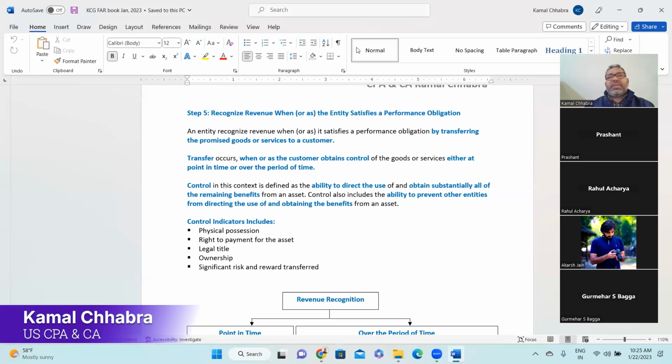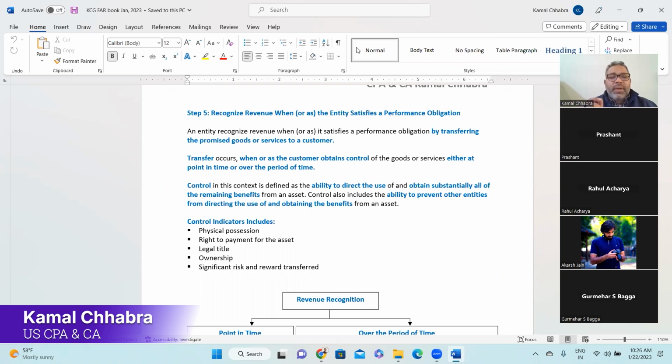For example, if you have purchased a car from the dealer, now you can prevent the dealer from using it, even though it's still lying in the dealer's office or warehouse. You can say the dealer cannot use this car to showcase to any other person, or for his or her personal purpose, because you have already paid and only the delivery is pending, right?